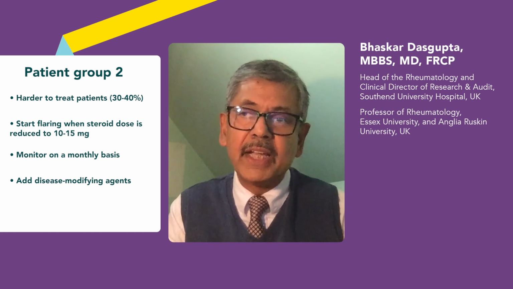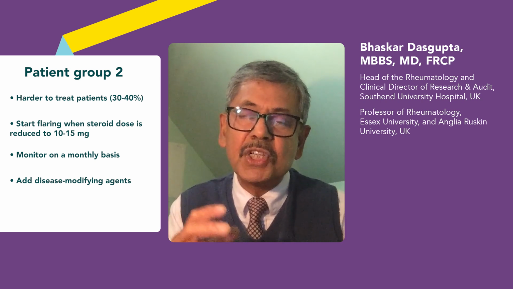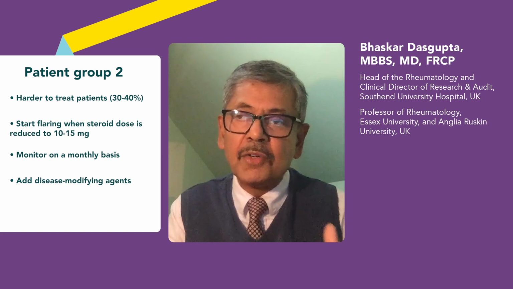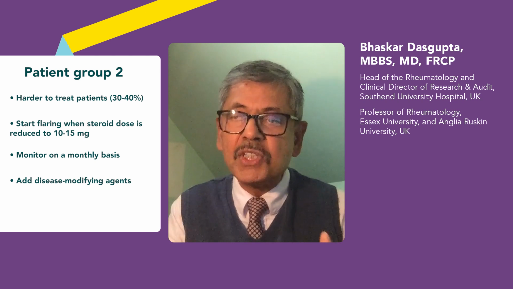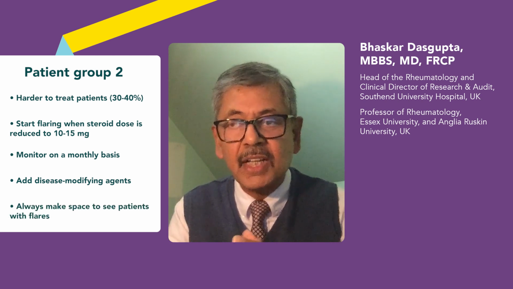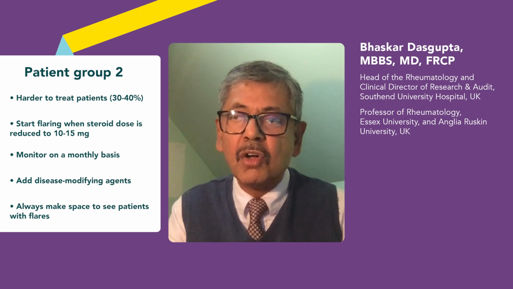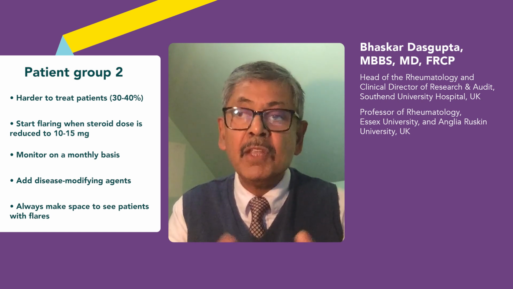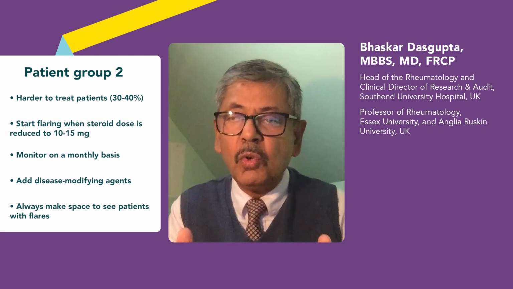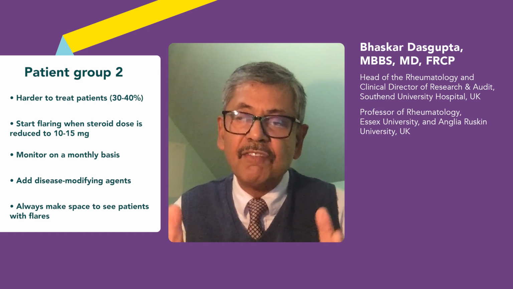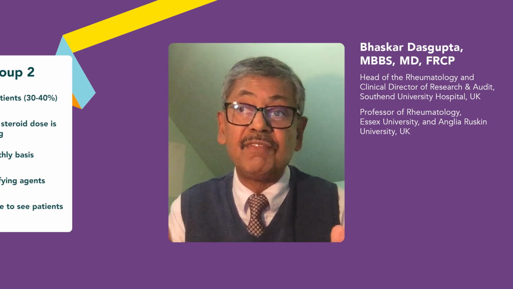So the bottom line is that patients who are not doing so well, you need to monitor carefully, get them onto your DMARDs or biologics. Once you've got them settled on these drugs, you can see these patients on a longer interval basis. You must, in your monitoring, always make space for seeing these patients if they have flares.